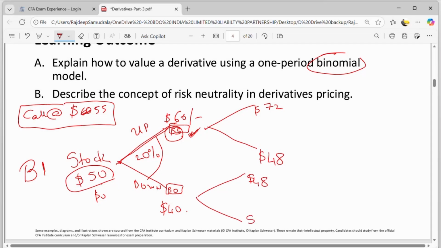From here, if it goes down, it may go to $32. Then you'll say, okay, what's the call value? Now the call is worth 17 at $72, but here the call is worth 0, 0, 0.